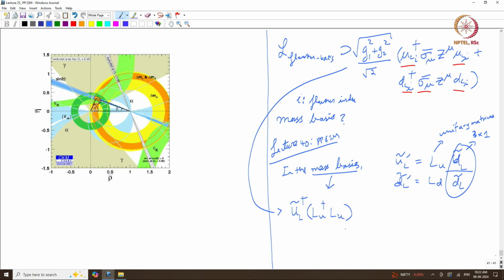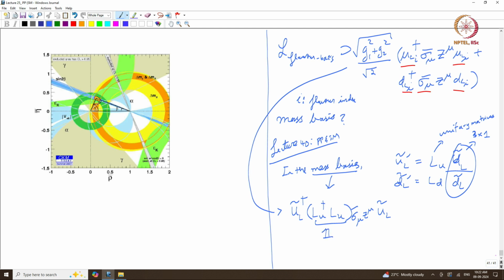What did that L_U do? That was the one that rotated the U_L over here, and of course the sigma bar and the Z_mu just go along for the ride, they just contract with each other. Of course, I should be careful about covariant and contravariant indices. Now, what is this? That is just unity, right.